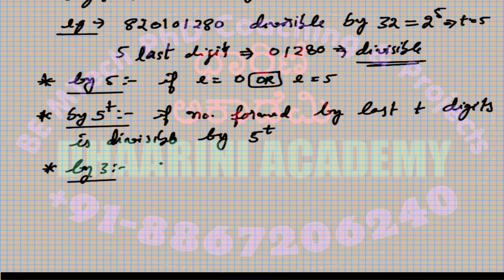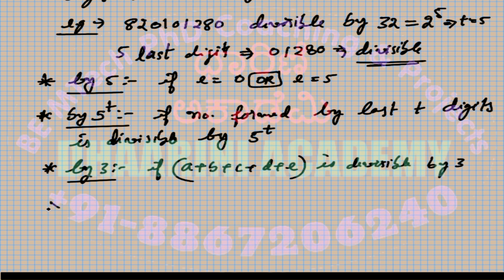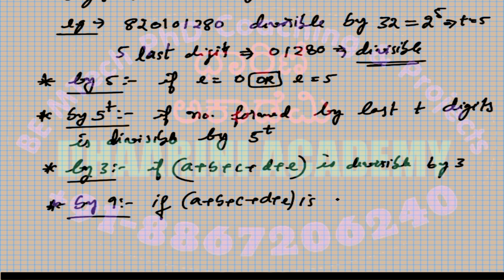Okay, this is yes if the sum of the digits a plus b plus c plus d plus e, this sum, right, is divisible by 3. Then I just want to check whether the number is divisible by 9. Okay, this is true if once again the sum a plus b plus c plus d plus e is divisible by 9.